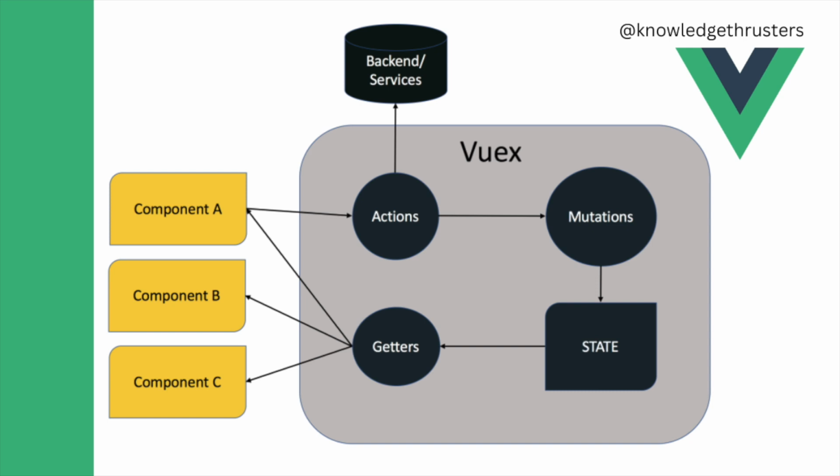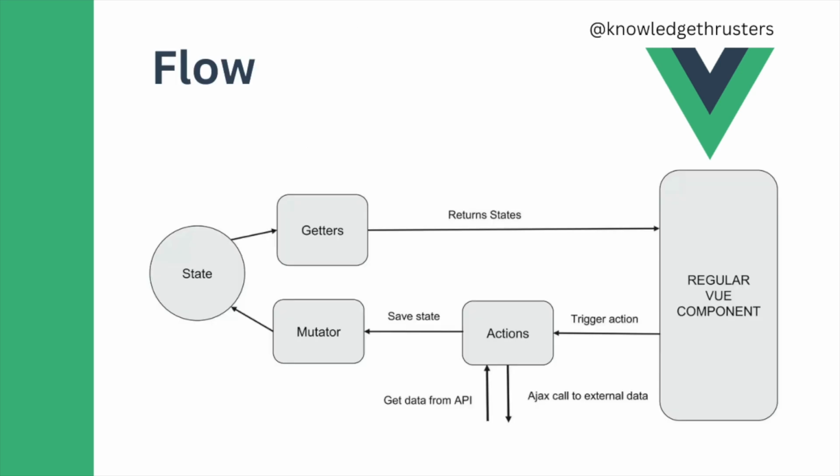Now let's move to the second part, the architecture or flow of Vuex. Here you can see a diagram related to that. First is your state, which is basically the source of truth, as it is called in the Vuex documentation. Then we have getters and mutations. Getters you can consider as functions that get the value from your state variable.